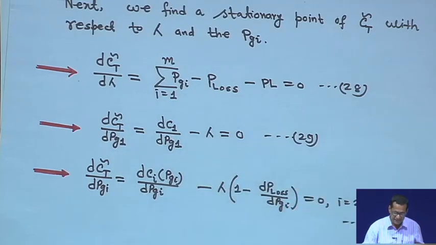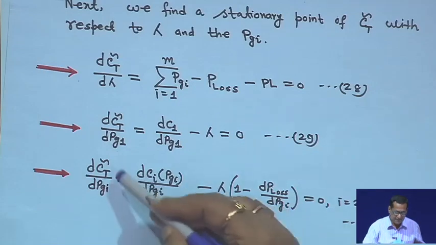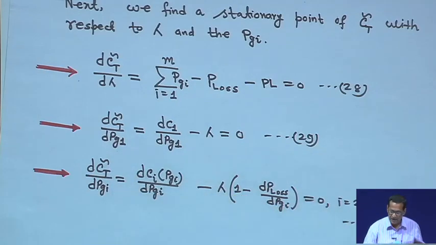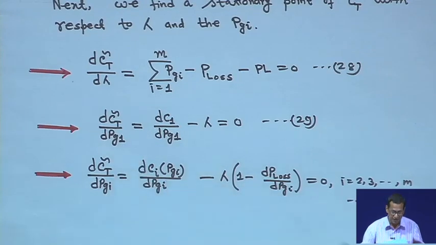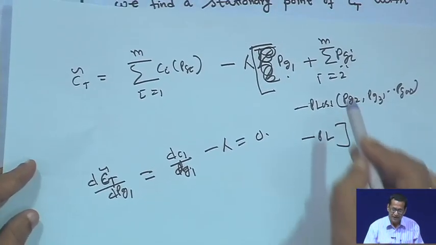Now, next, when you take the derivative dC tilde upon dPgi for i is equal to 2, 3, m, but here i is equal to 1 the derivative is already taken, when i is equal to 2, 3, m at that time you take.